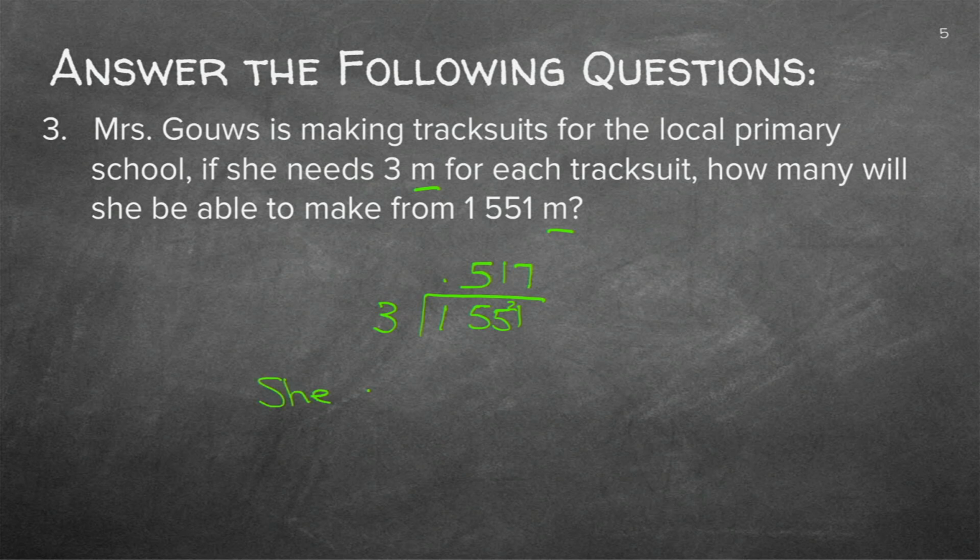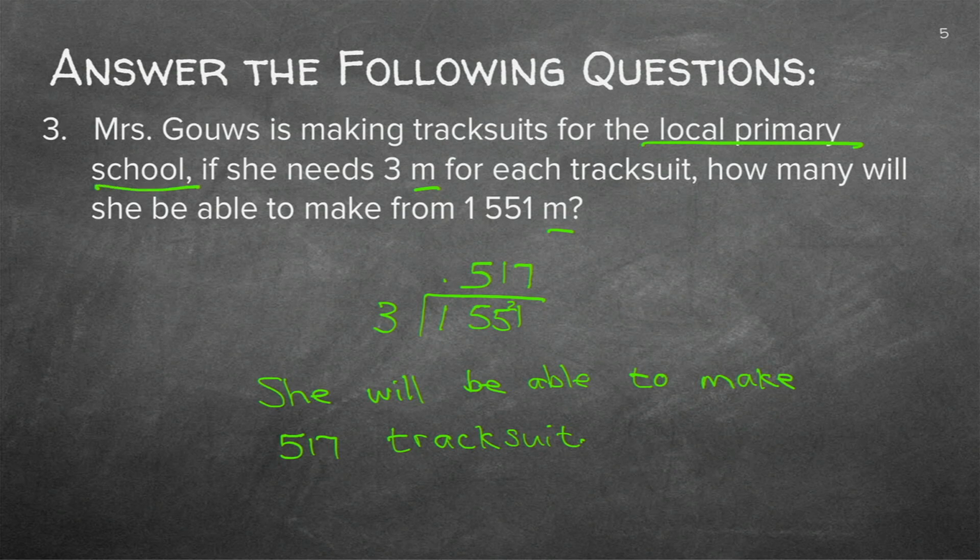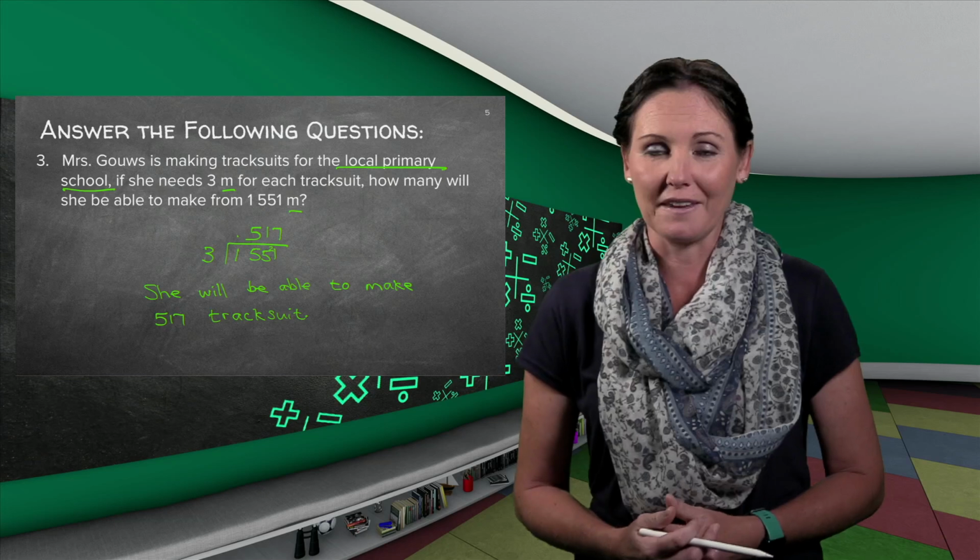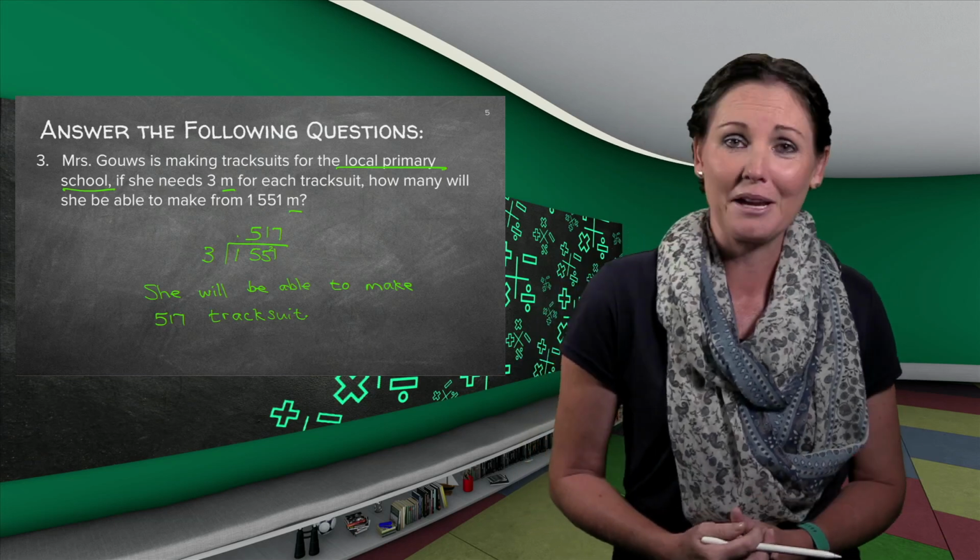She will be able to make 517 tracksuits. And now you're thinking, that's a lot. Remember, for a local primary school, there's way more kids than that in a school. So she needs to make a lot.